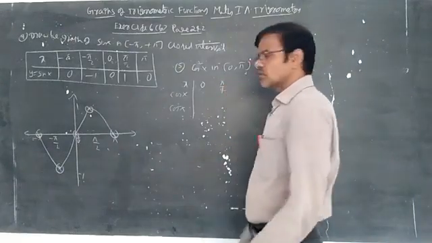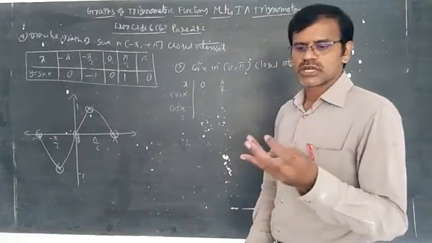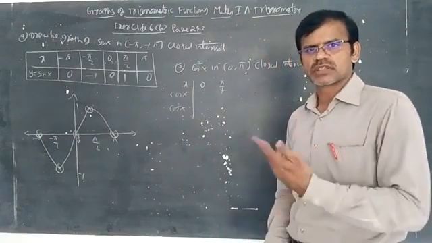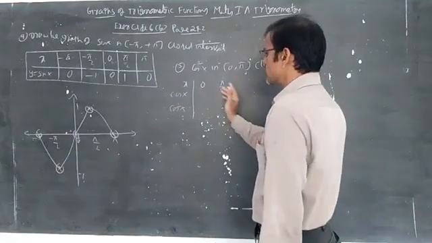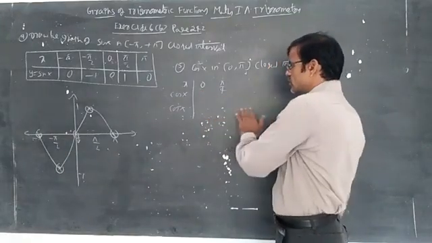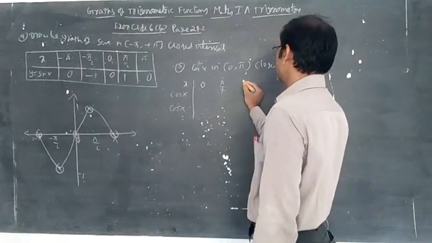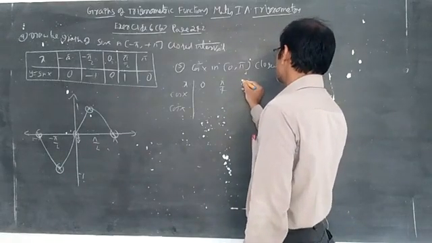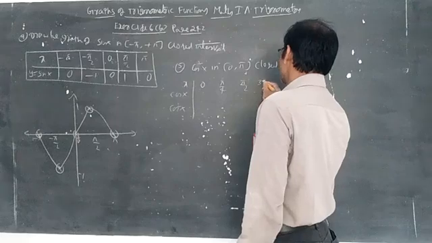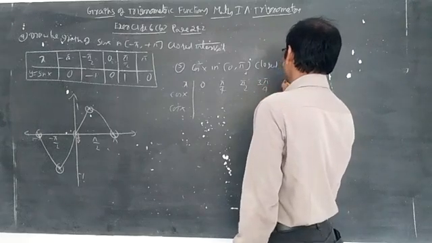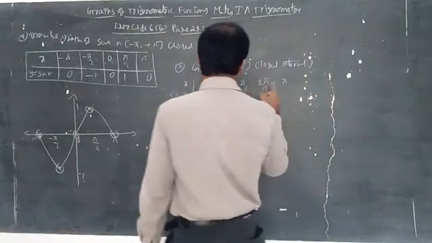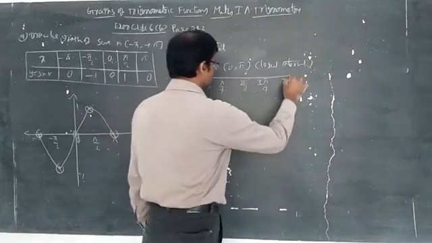Of course, you can also take table values like 0, 30, 45, 60, 90, 135. That is your wish, but the graph will be in a good position if you take the same difference. 0, pi by 4, pi by 2, 3 pi by 4 and pi. So I am taking a 45 difference each time.